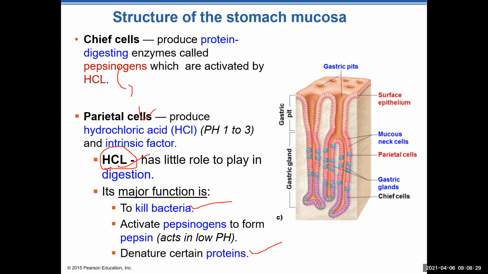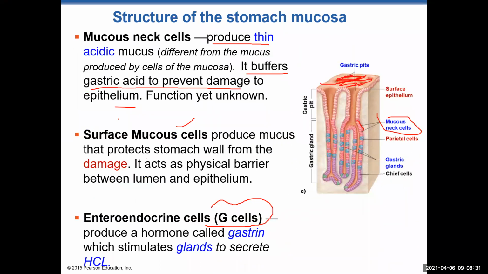So the mucus produced in the stomach creates a barrier, okay? That can be a physical barrier because of the mucus, or that can be a chemical barrier as well, okay?